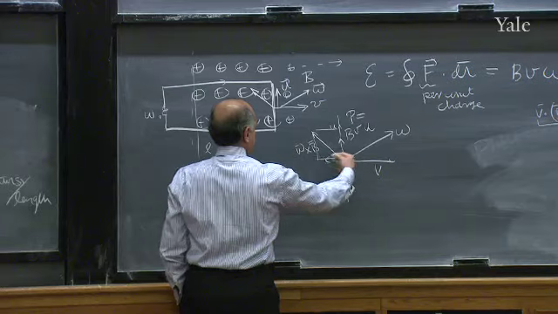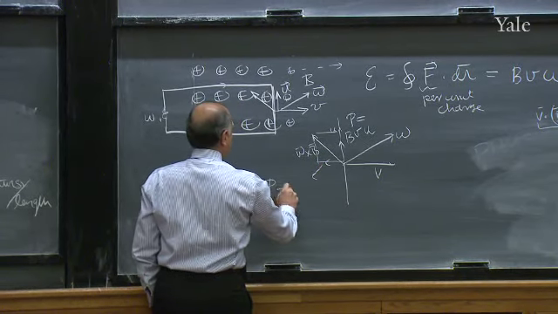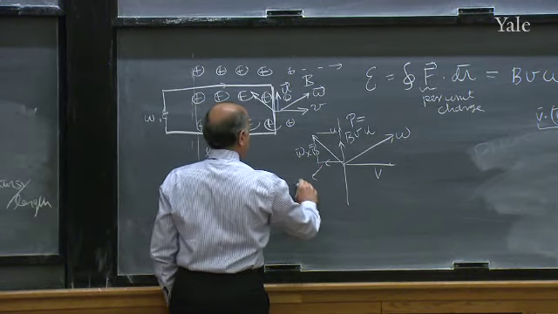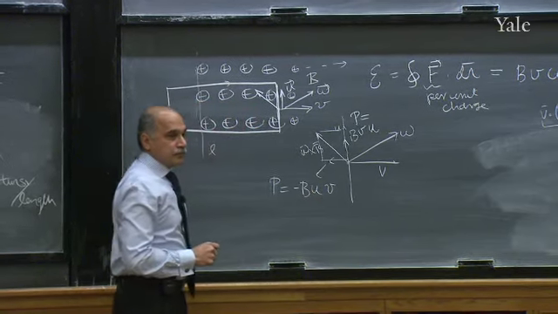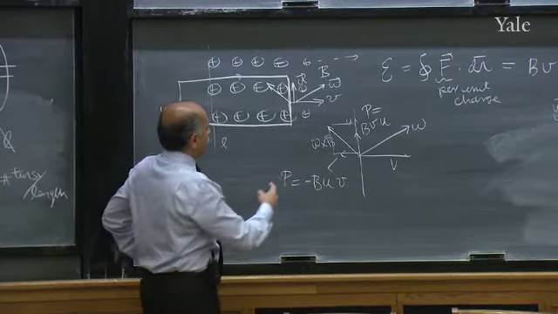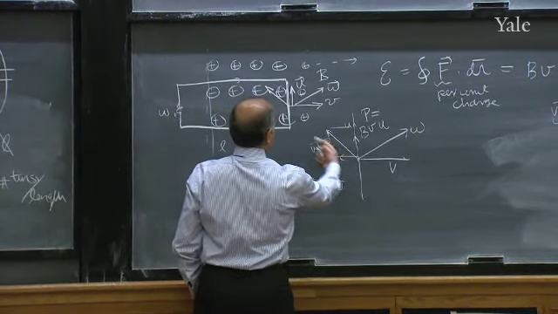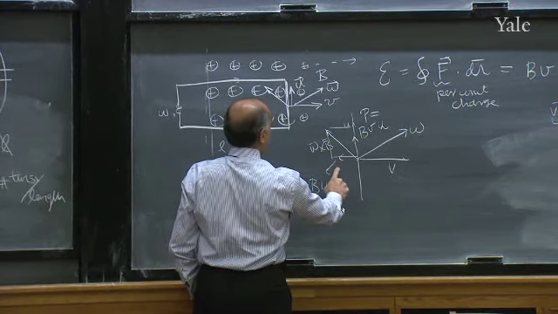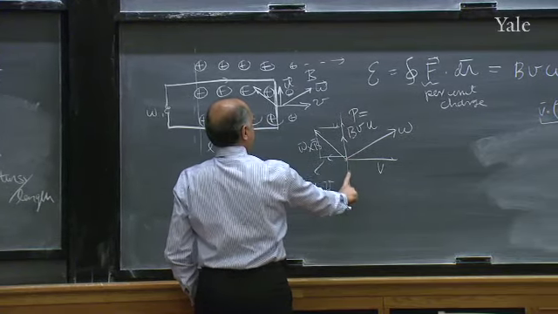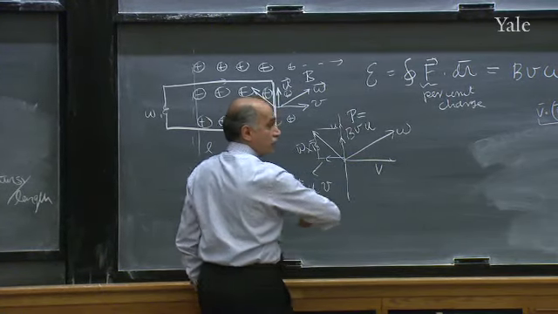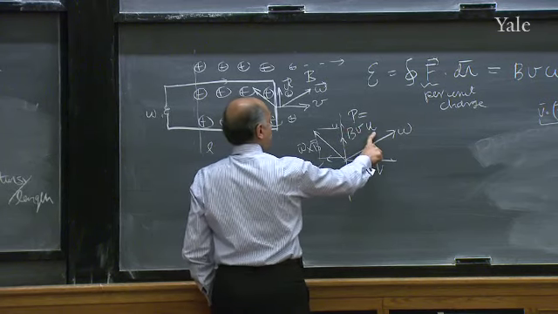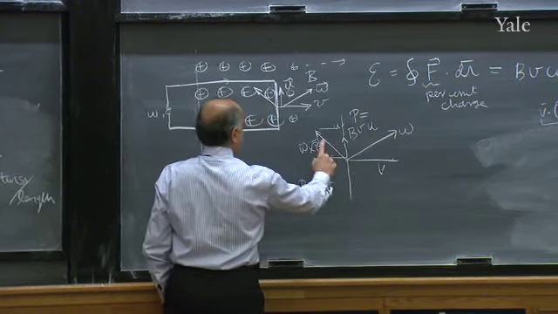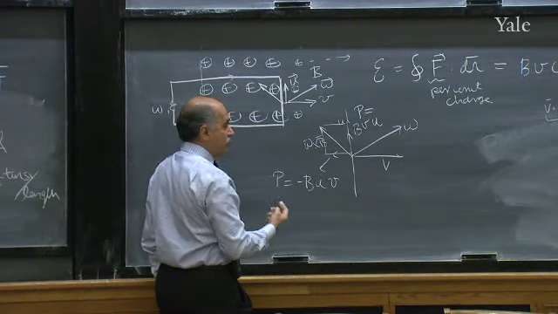But in this side, if you ask what's the power delivered by that component, it is B times U times V, but with a minus sign. In other words, if you resolve this W cross B into two parts, the vertical force is due to the horizontal velocity, and the power is that times the vertical velocity U. The horizontal force is due to the vertical velocity. That's how the cross product works.